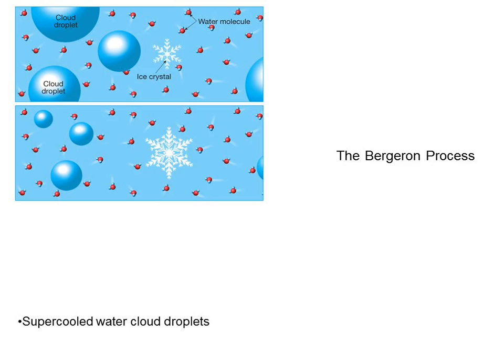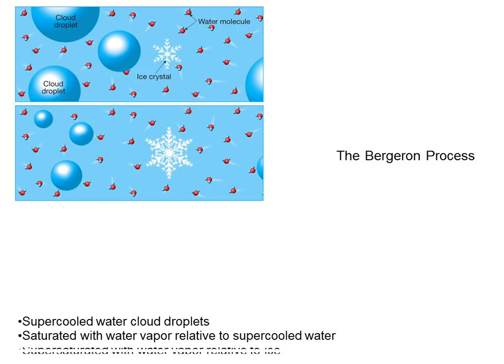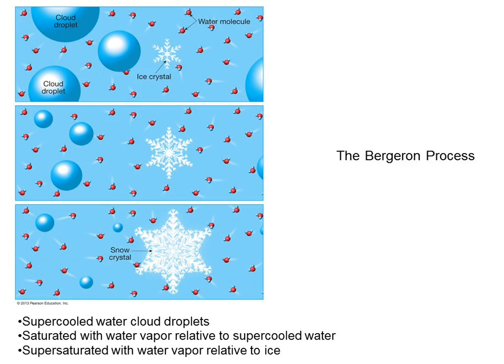Some of those supercooled liquid water droplets are evaporating to keep the air nice and saturated, supersaturated for the ice. Then of course the next one just shows the snowflake's even larger. It's got to be such a delicate process up there, you know? That's called the Bergeron process.